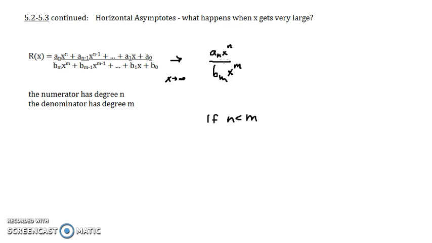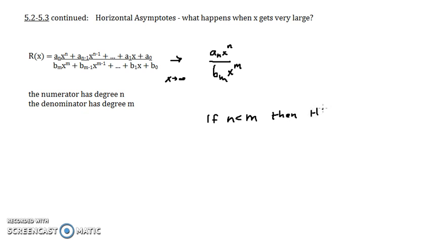So it's going to be like 1 over 100, 1 over 1,000, 1 over 1,000,000, 1 over 1,000,000,000. The bottom grows faster, which means the whole thing is going to get closer to 0. So we say we have a horizontal asymptote at y equals 0.